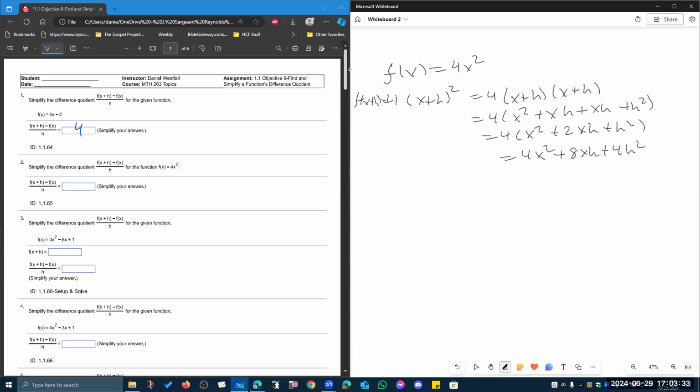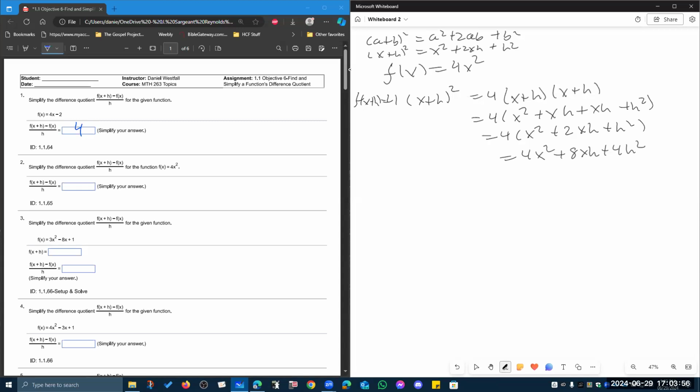So we know that because a plus b squared is equal to a squared plus 2ab plus b squared, x plus h quantity squared is going to be x squared plus 2xh plus h squared. Just substitute x for the a and h for the b.